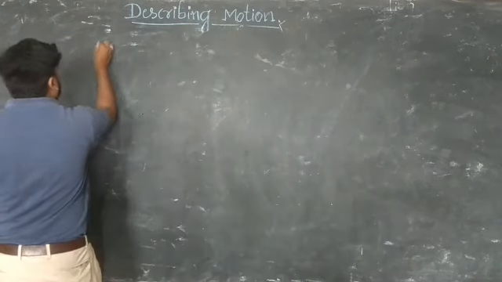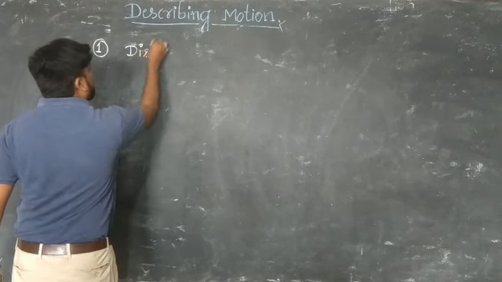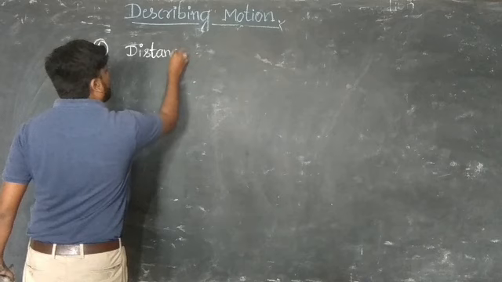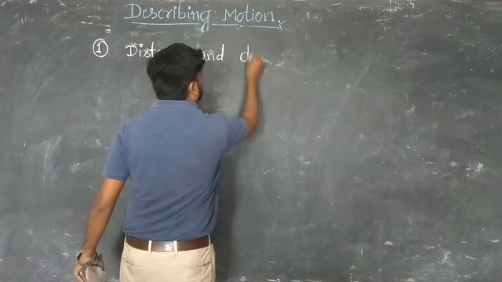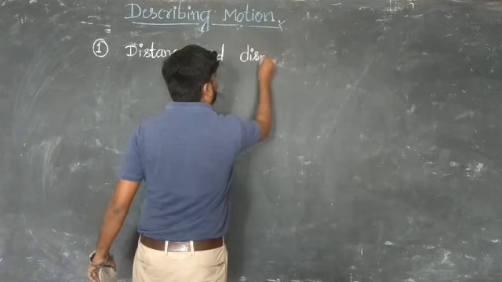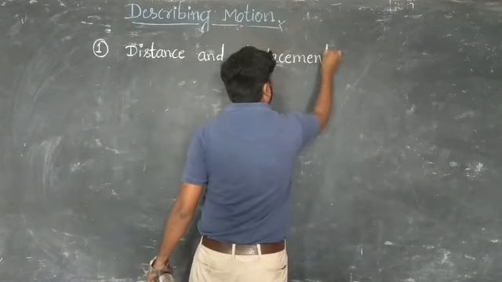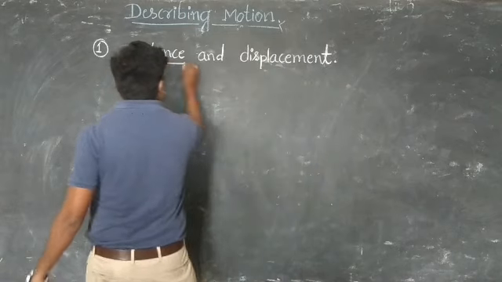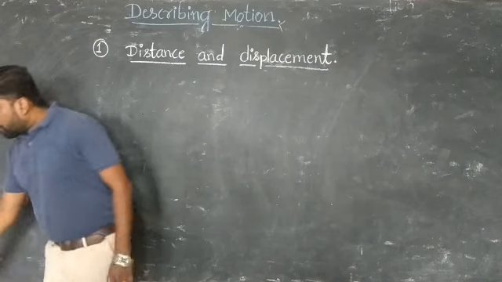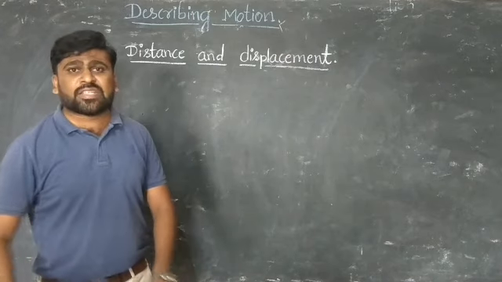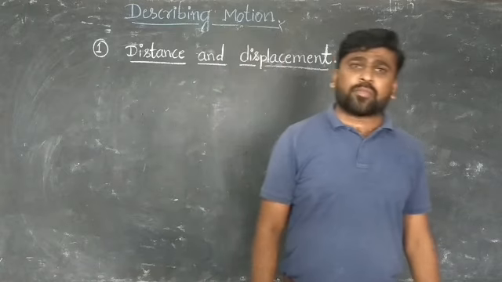First concept regarding this chapter, that is distance and displacement. Distance and displacement, that one concept we are going to discuss in today's class. That is distance, another one is displacement.